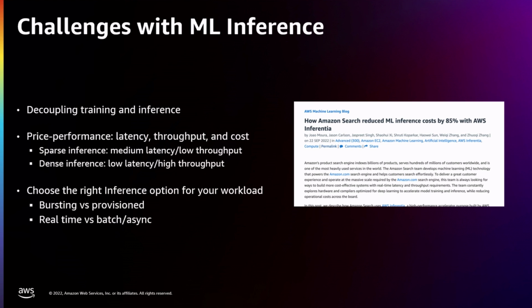Those options may take a little longer for the model and the container to spin up behind the scenes, but ultimately they will spin up and hopefully be very cost effective for your business needs. Also, taking into account whether you need real-time inference or batch or asynchronous inference can be a huge driver in what decisions you might make.